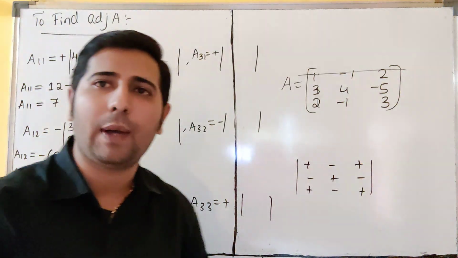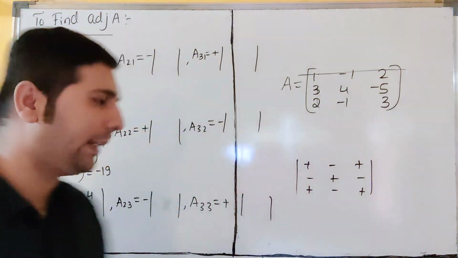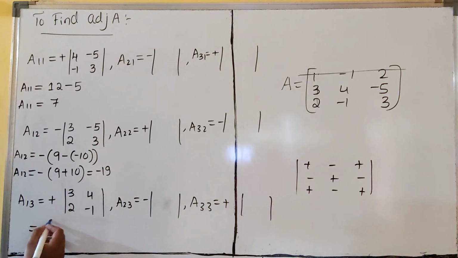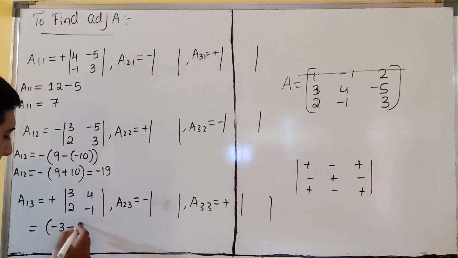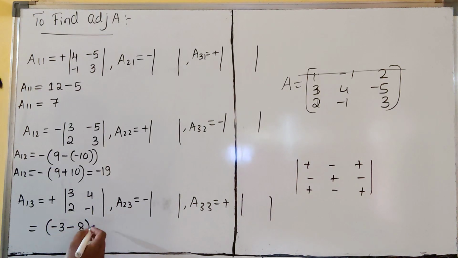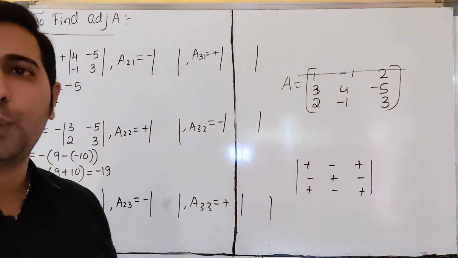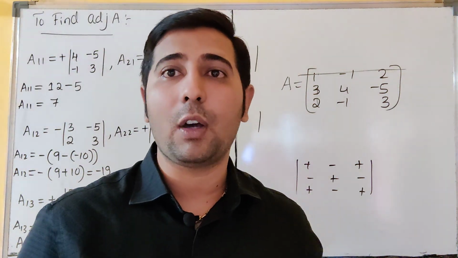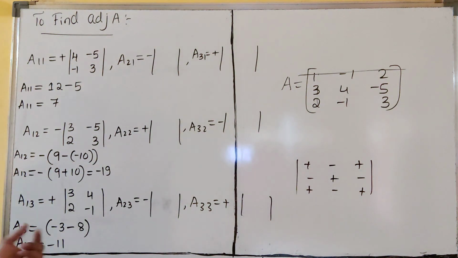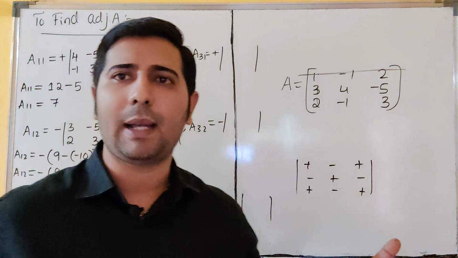If you write also fine, if you don't write also it is fine. 3 into minus 1 is minus 3. Minus I will write before multiplying this. 2 4s are 8. Minus 3 minus 8 will give minus 11, dear students. This is your A13. Everyone, understood? Plus into minus is minus only.